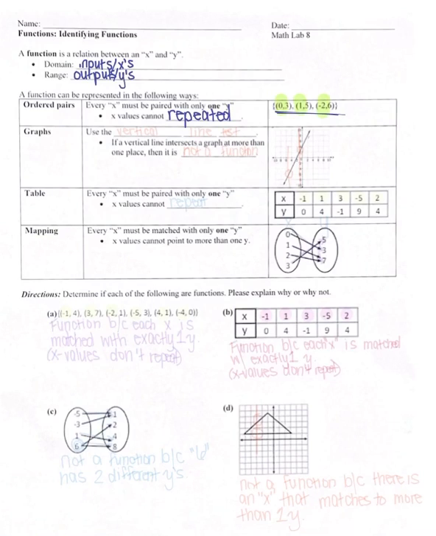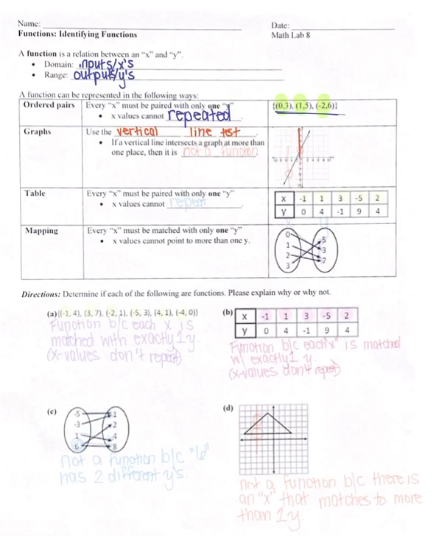In a graph, we're going to use something called the vertical line test, and I'm going to explain what that is in a minute. What the vertical line test is: if you draw a vertical line at any point in your graph, it only passes through the graph once.